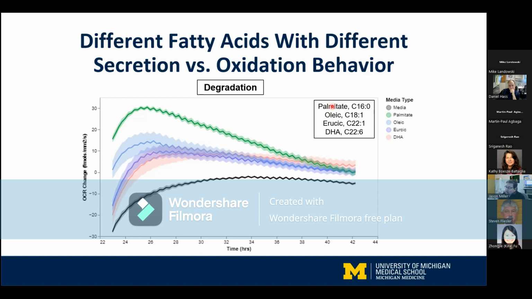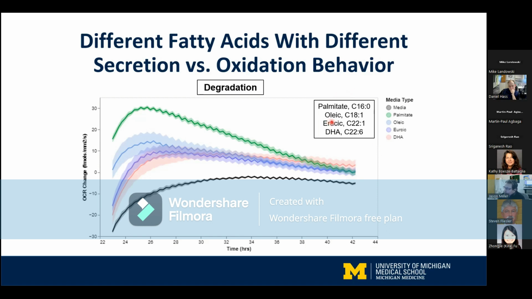If we put the palmitate into depleted media, we see this palmitate spike. But if we put in oleic acid, we see less of a spike. And if we put in these fatty acids that are destined for the peroxisome, so erucic acid is 22:1, otherwise known as Lorenzo's oil, thought to be pretty highly specific for peroxisomal targeting, a major component of rapeseed oil.